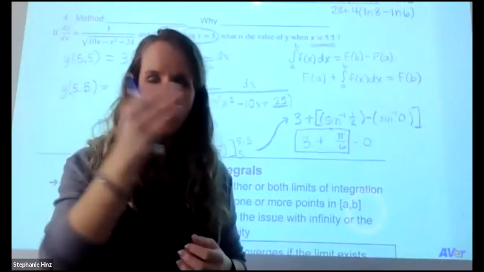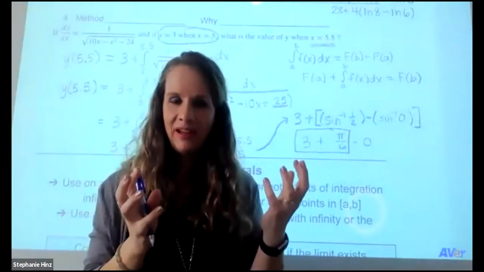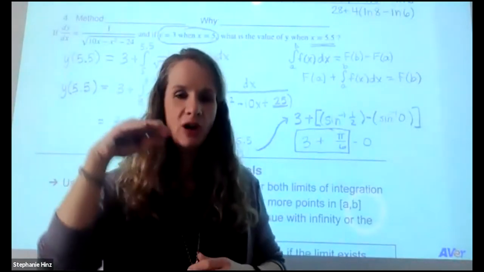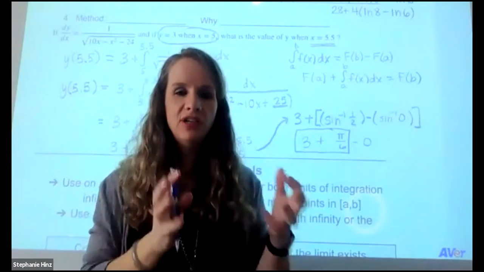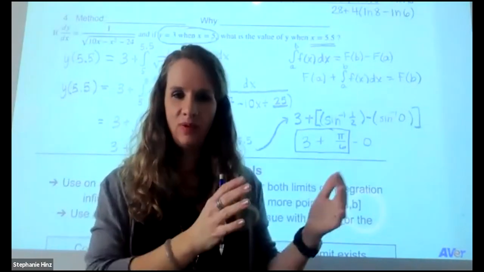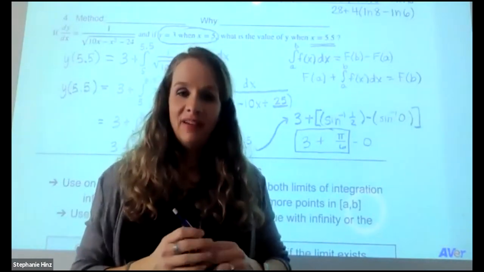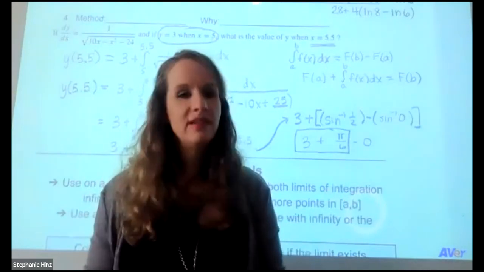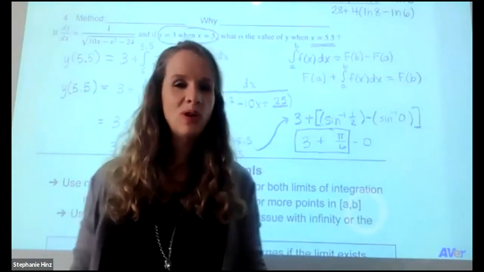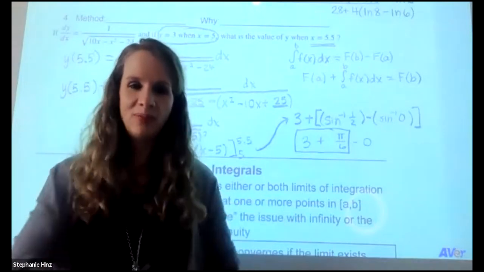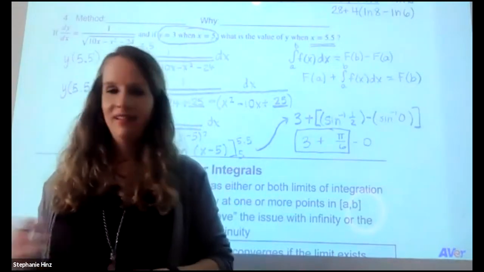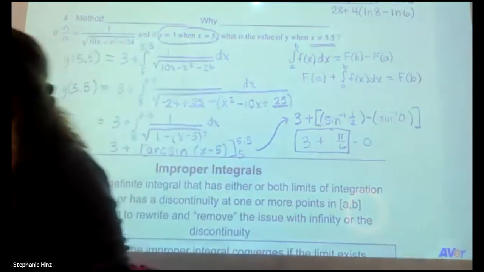If you have a square root in the bottom and it's got a polynomial in it, then you're thinking maybe I need to go to arc sine. So just get your head around some of the techniques that we've got, and then figure out how you're going to get there. And I know that that's hard, because when it's in one section you're like, oh, I do all the problems this way, it's great. These aren't quite so straightforward.